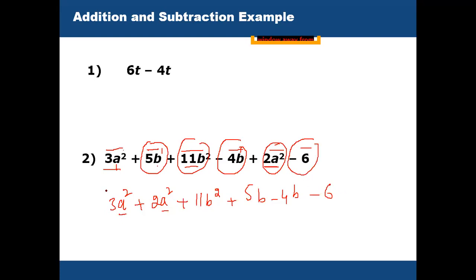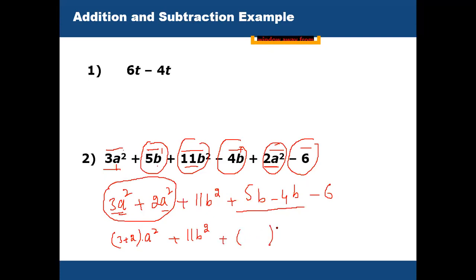Correct? So first one, 3a square plus 2a square, these are like terms. Take a square common, right? Add their coefficients, 3 plus 2. Same we have 11b square. Next one, both are like terms, b power 1. So take b common and coefficients 5 minus 4.